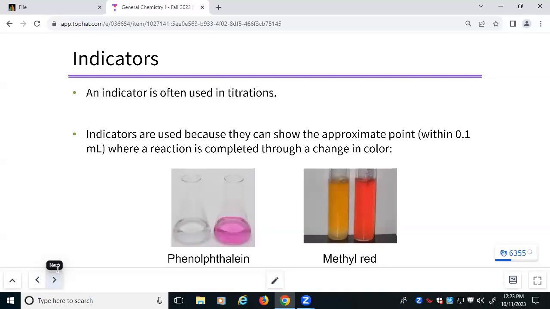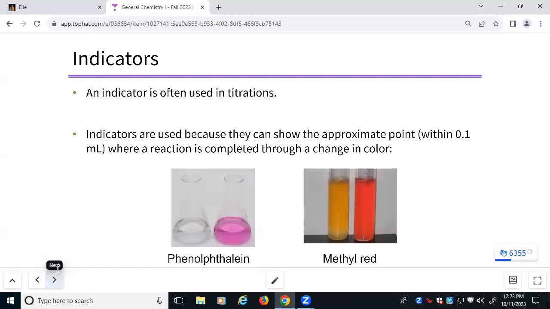For titrations that don't have that particular pH range, there are others that exist. Methyl red is one example, Congo blue, bromocresol green, bromothymol blue. There are a lot of different versions. They're all dyes.